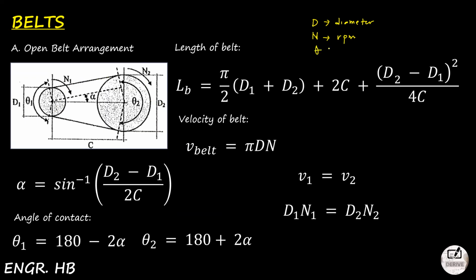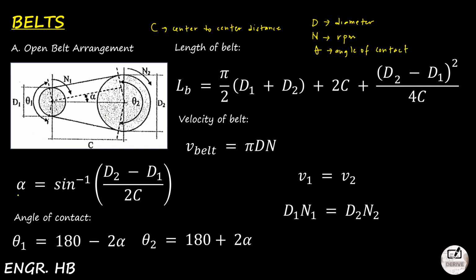And of course, this theta is the angle of contact. Yan yung theta 1 and theta 2. And of course, yung letter C is the center to center distance. So those are the letters that will represent the diameter, RPM, angle of contact, center to center distance, and etc.